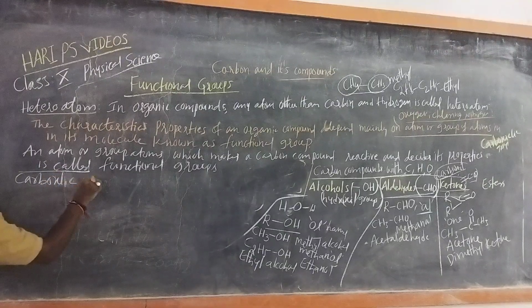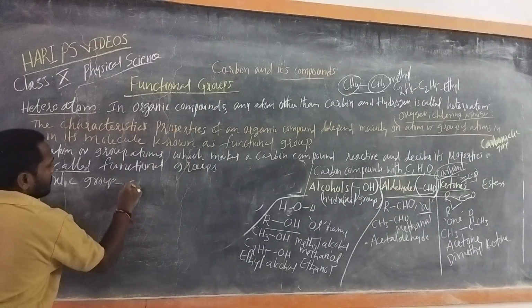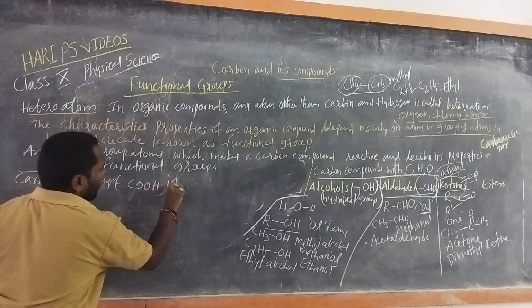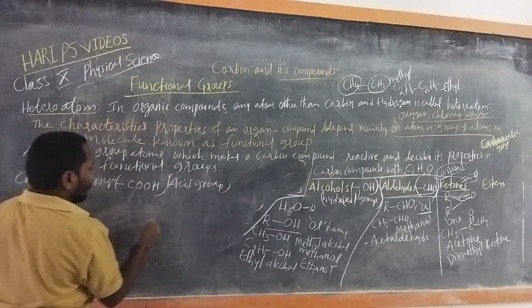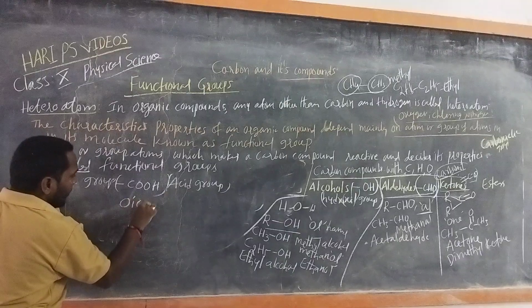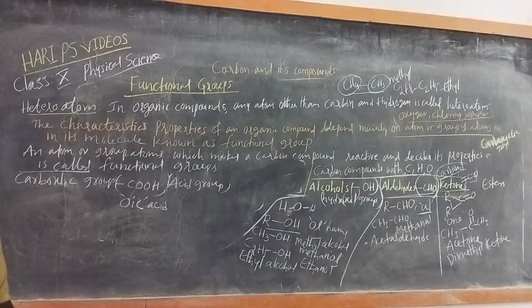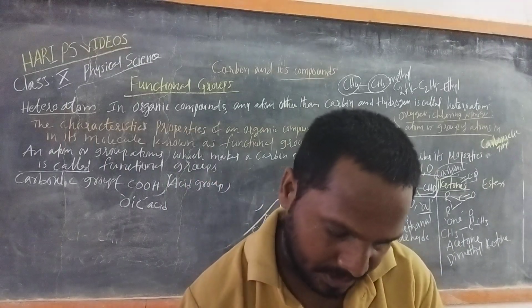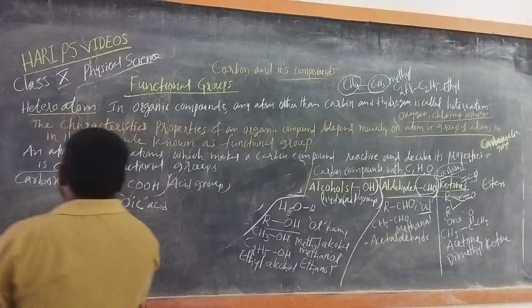Carboxylic group COOH, or simply we can call it the acid group. So it is termed as oic acid. General formula is COOH.